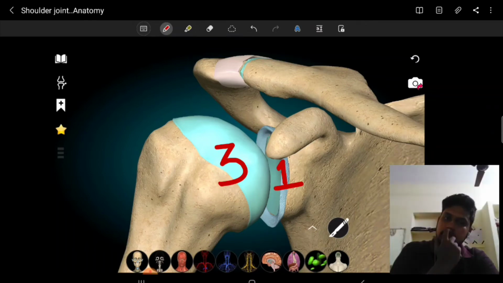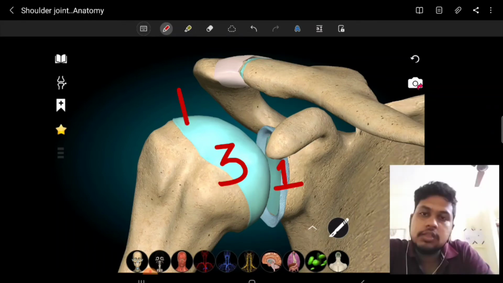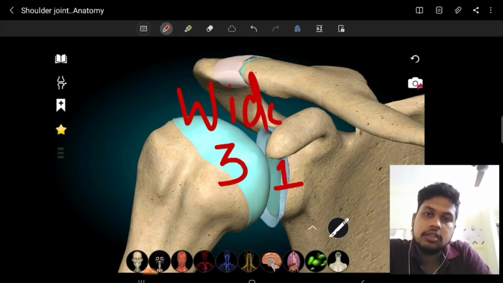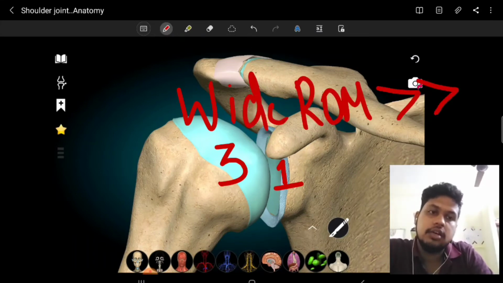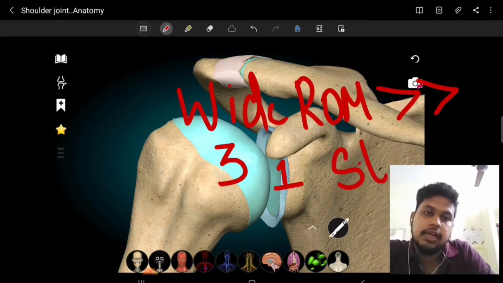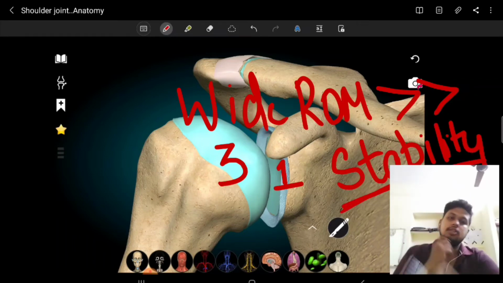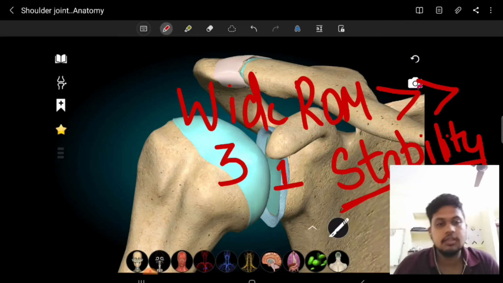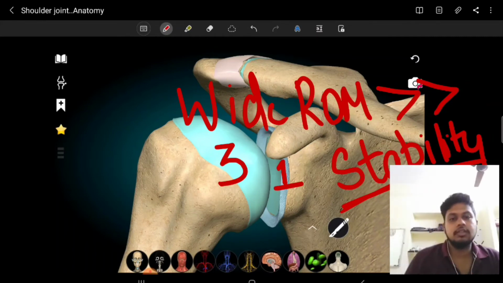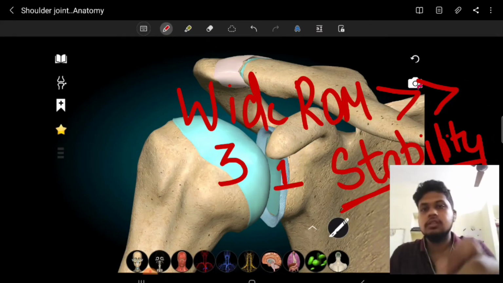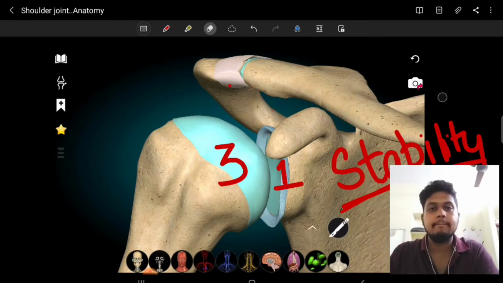So what is the clinical significance? This provides a wide range of motion, which in turn greatly affects the stability. When you get this wide range of motion, you lose stability. There is a problem in the shoulder joint, so it is subjected to dislocation quite often, which is our case for today.